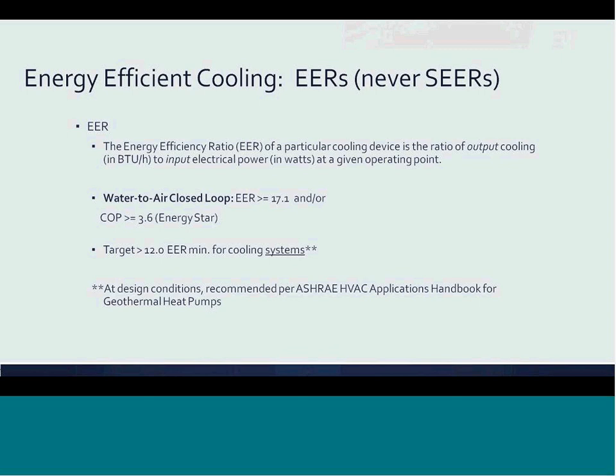The second way to use EER is to determine the overall system efficiency of a geothermal heat pump system at different design conditions. The design conditions are determined by the project location and the design engineer. For example, in Sacramento, the heating efficiency of the entire system, heat pump, fan, would be determined at 45 degrees entering water temperature.